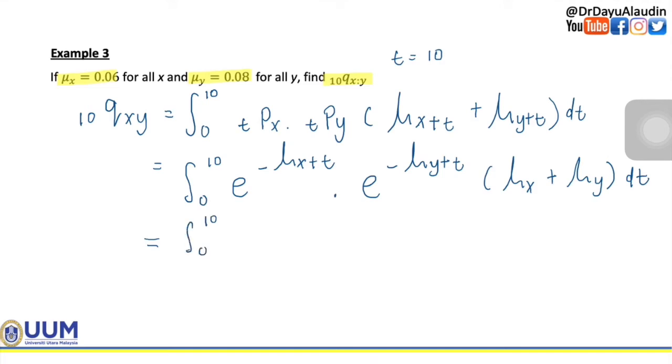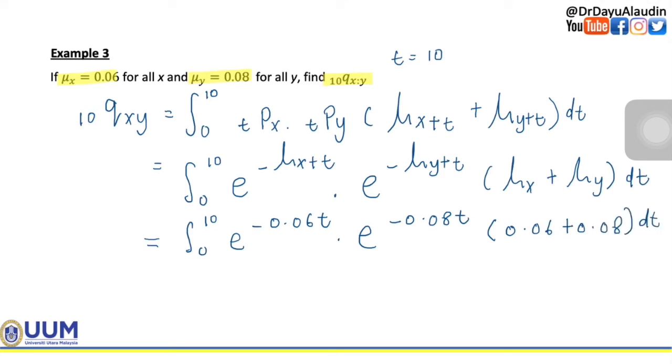And then we can plug in the mu values into the equation. So we got constant value 0.14.